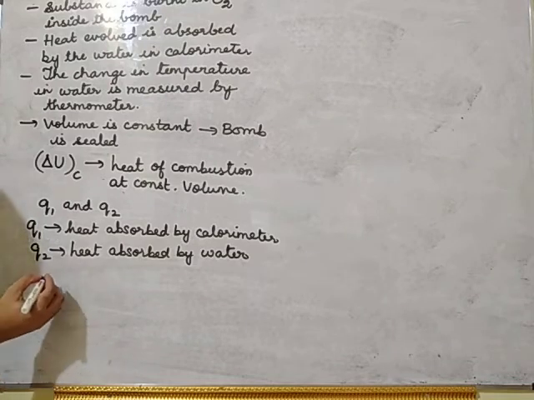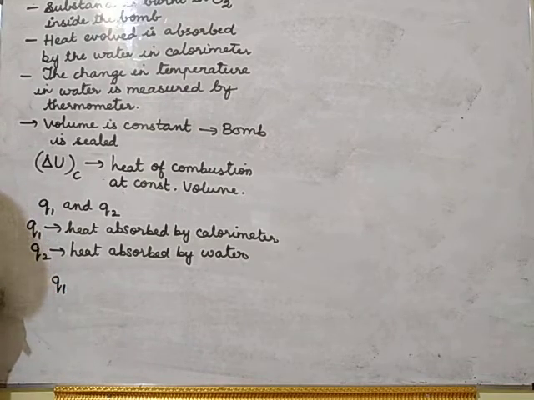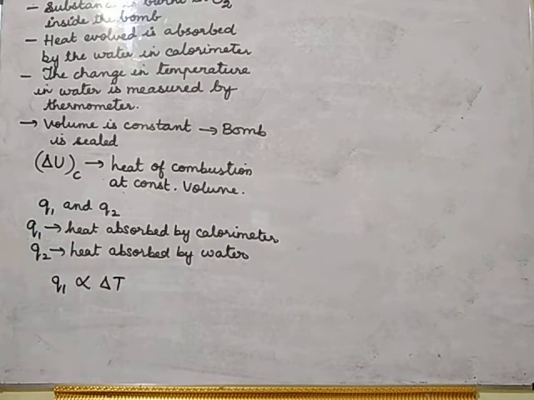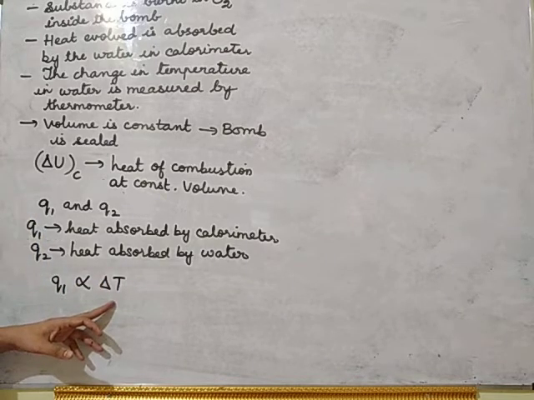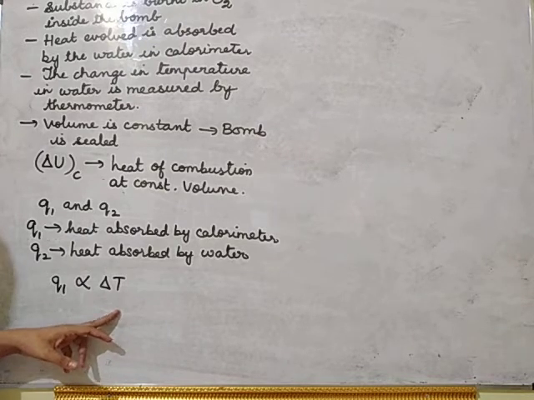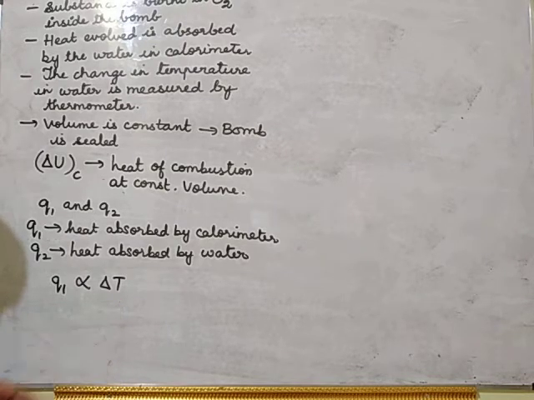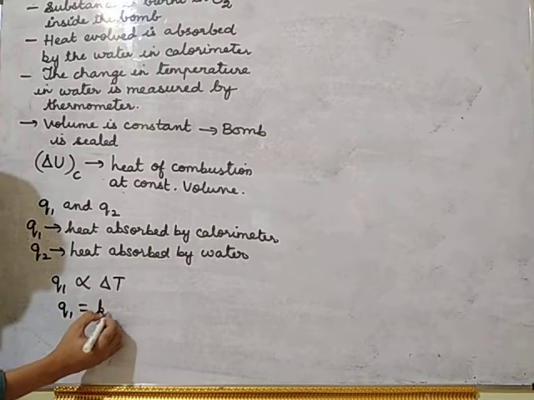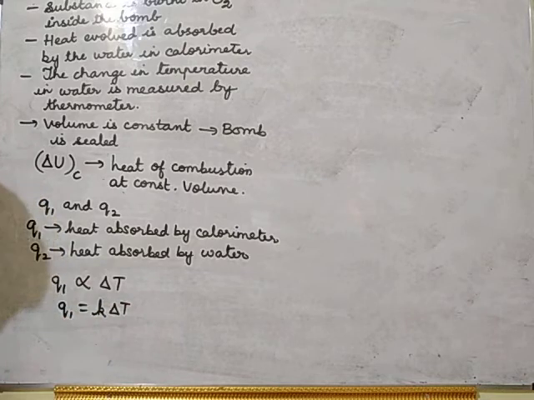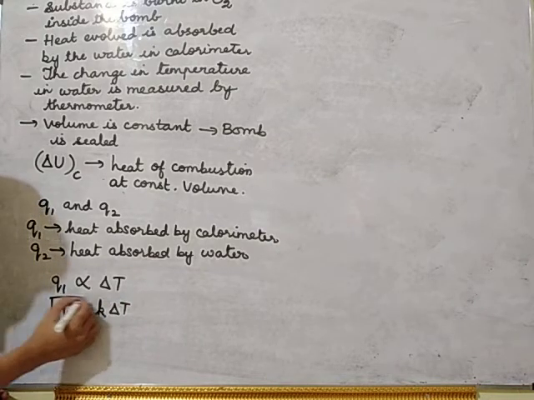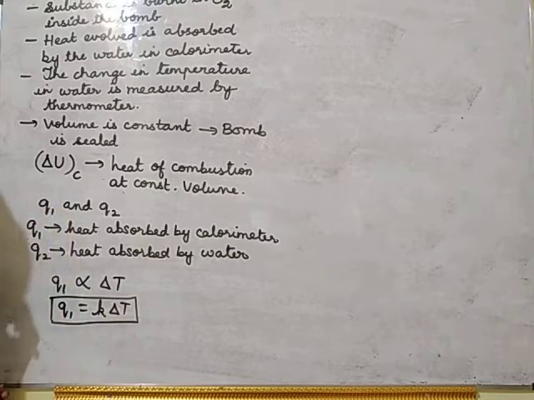So this Q1 is directly proportional to the change in temperature. Already we studied Q is directly proportional to delta T. So to remove this proportionality, I should add a constant K into delta T. So this is the heat absorbed by the calorimeter.